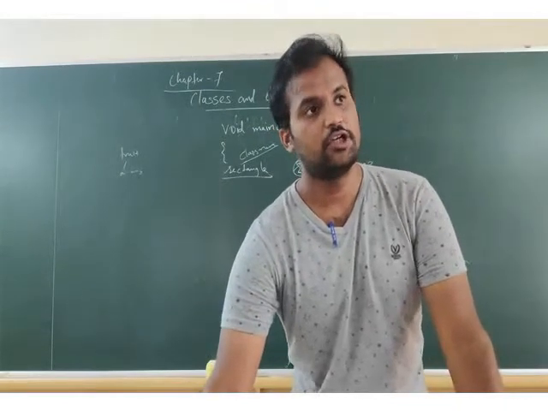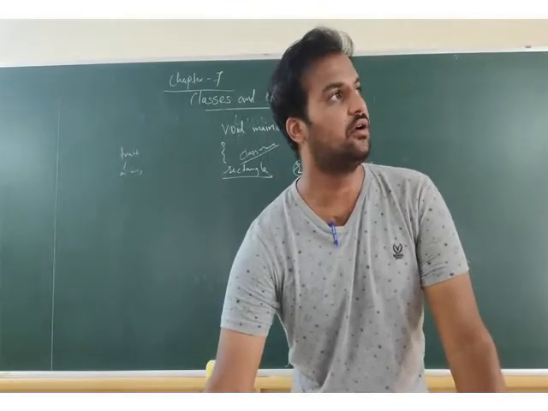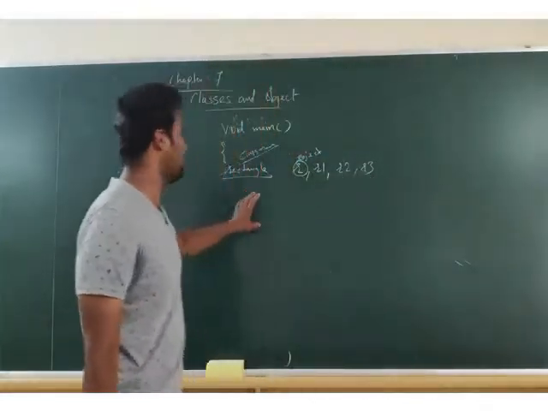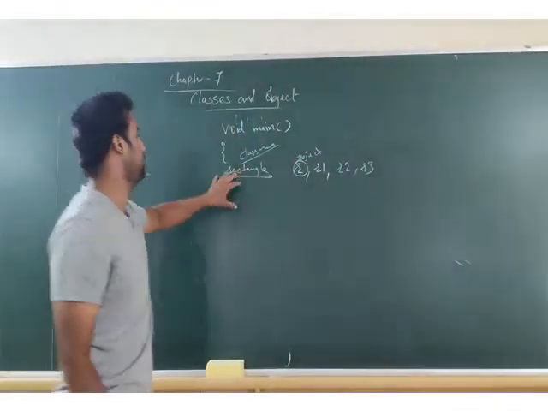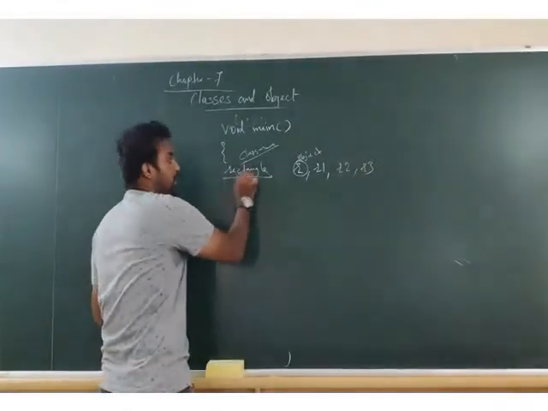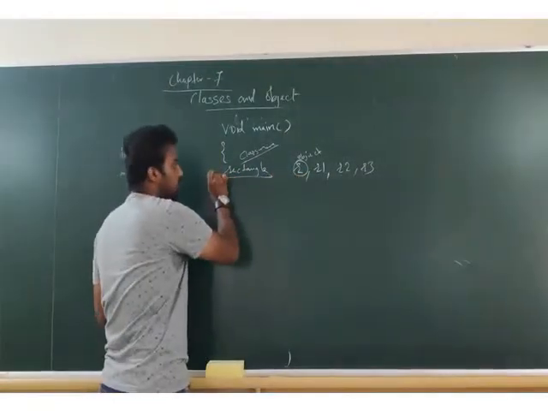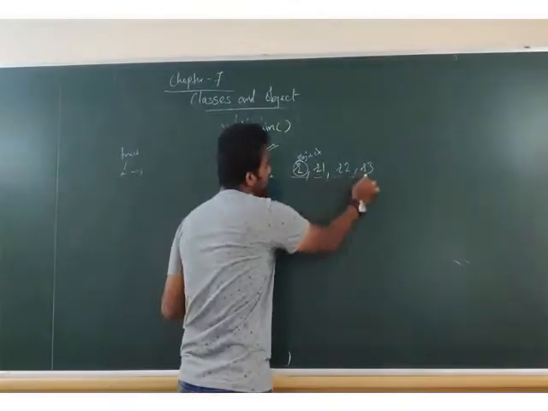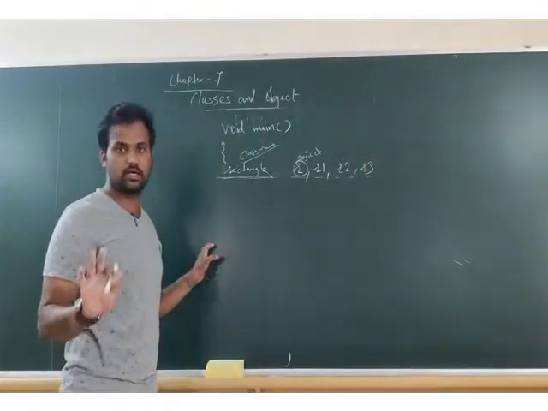Objects follow the classes. How? The object should be defined after the class name. See, first I write the class name, then I write the object name. Correct or not?